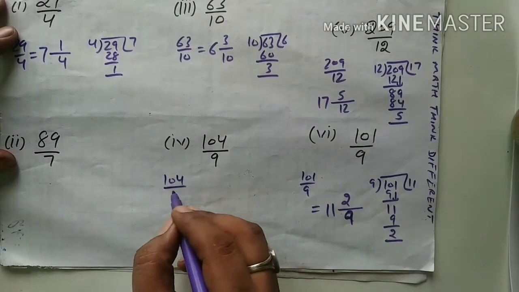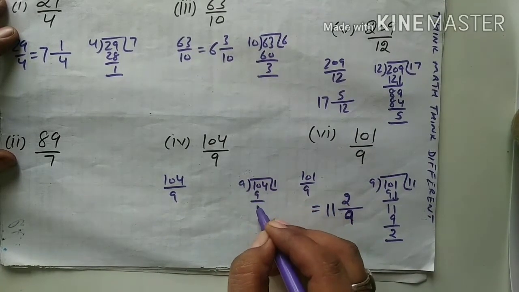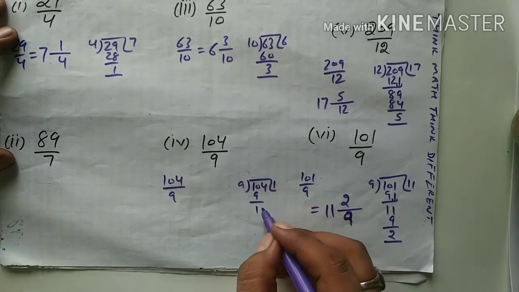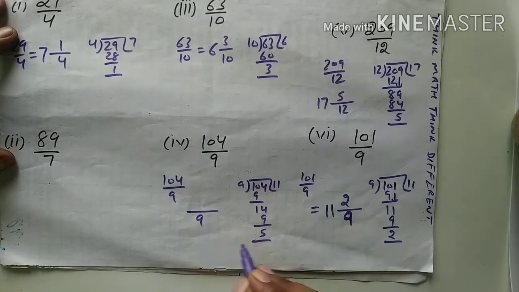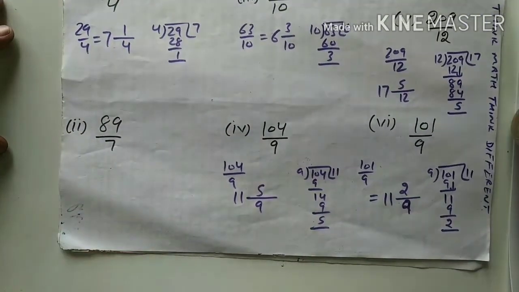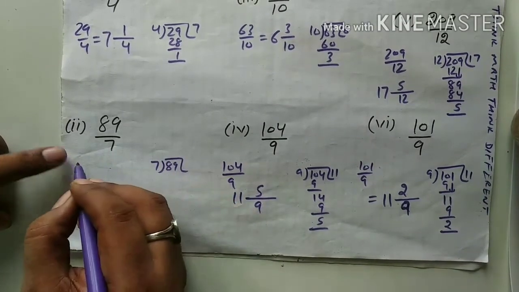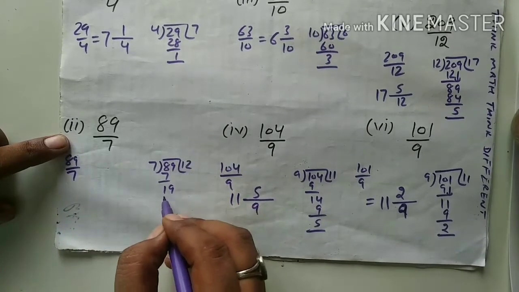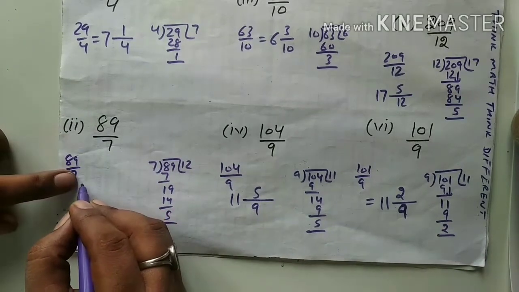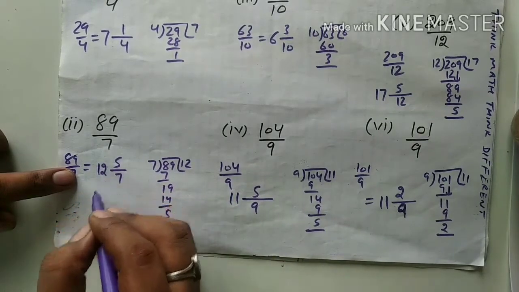Now 104 divided by 9. 9 and 5 will be written here and 11 on the side. Okay, so this is the mixed fraction. Now 7 times 2 is 14, that is 5. Now how will you write this? You will write 7 and here 5, and you will write 12 here.